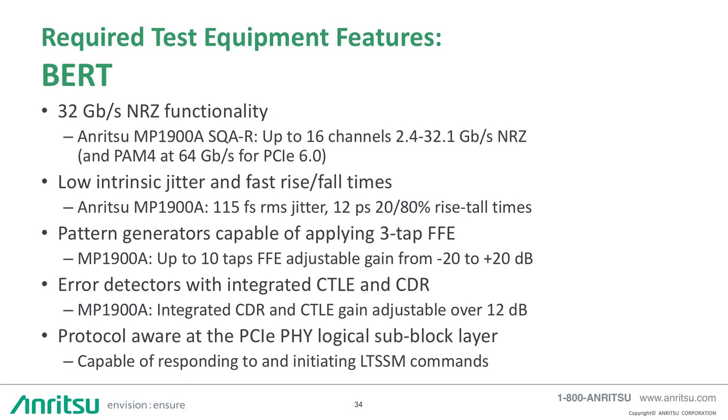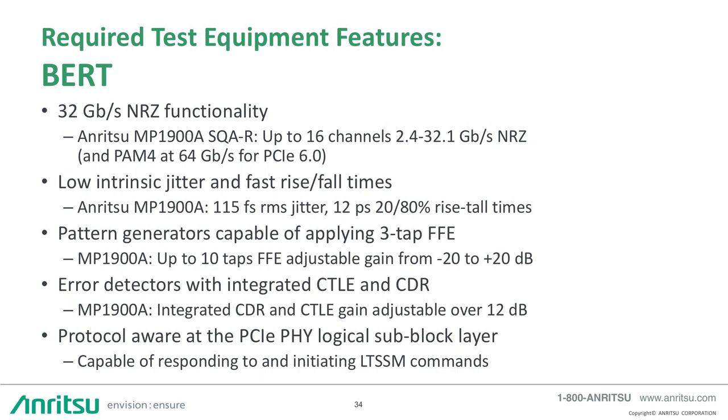Since PCIe 5 permits a maximum of 16 channels, the MP1900A accommodates every SerDes channel at once. The MP1900A also has PAM4 ability at 64 gigatransfers per second, which corresponds to 32 gigabaud of PAM4, so you're already covered for PCIe Gen 6.